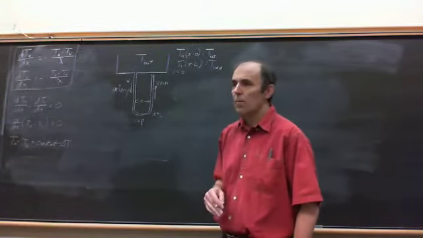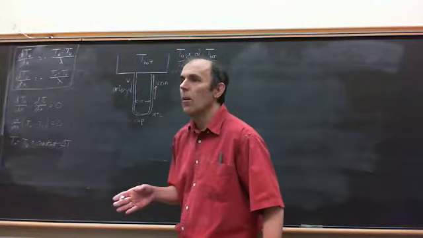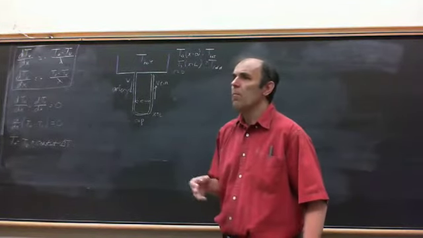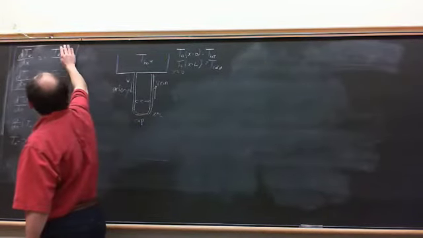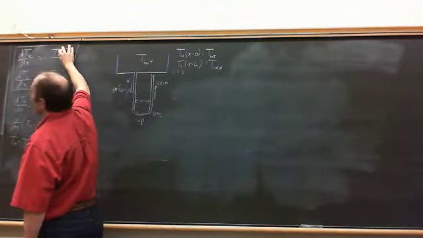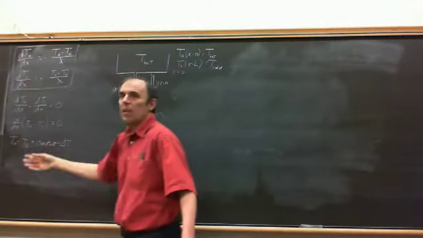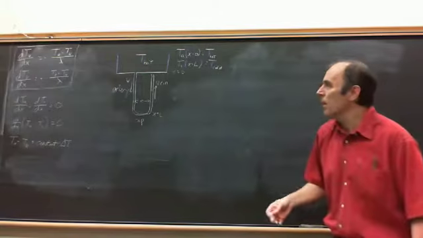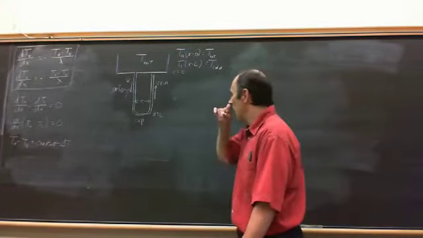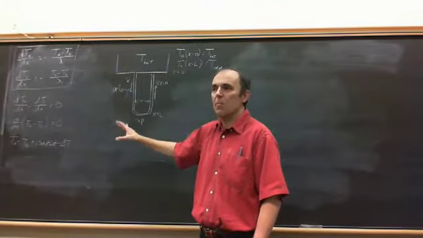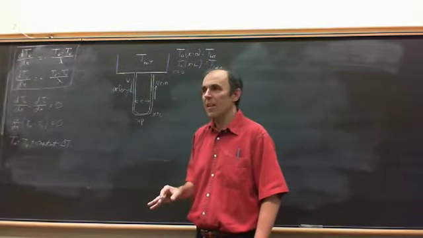The derivative with respect to x is proportional to TA itself, so that would give you an exponential. You might be tempted to guess an exponential, but it turns out that in this problem, you're not going to need it.